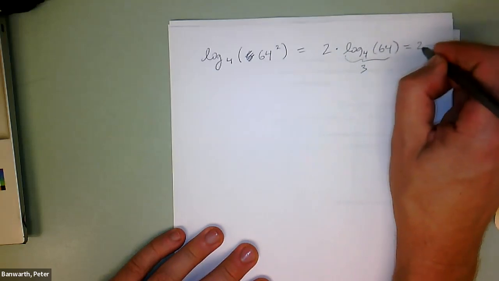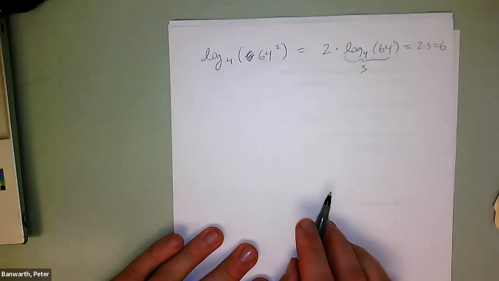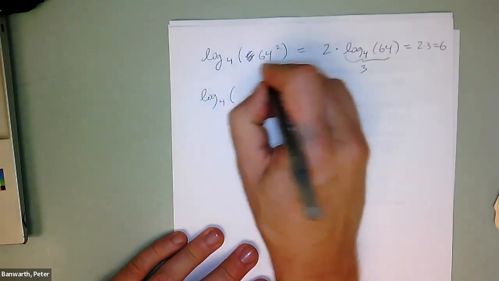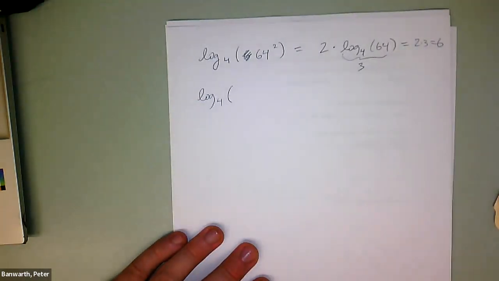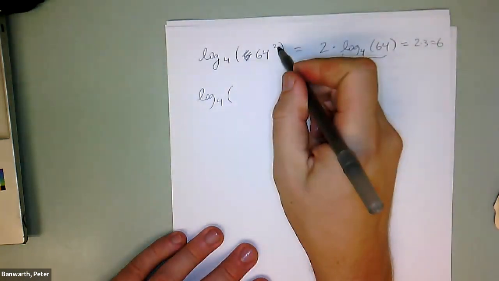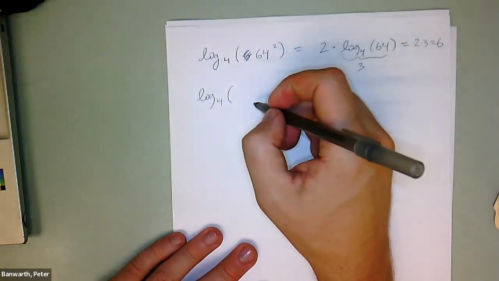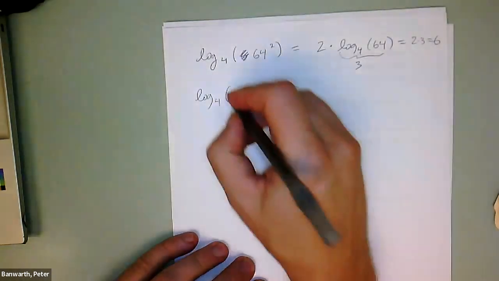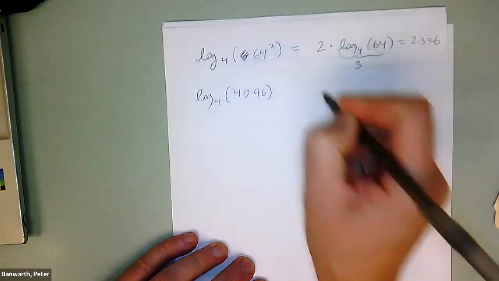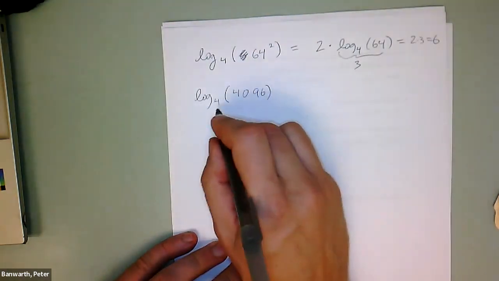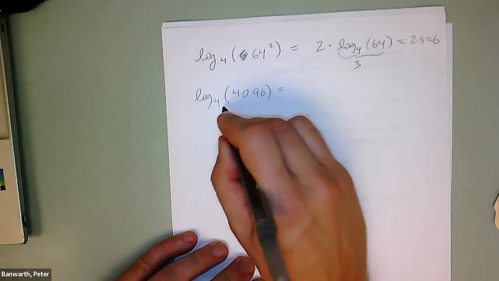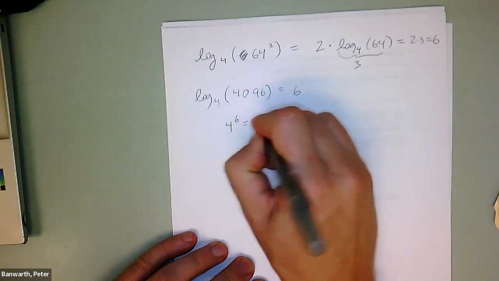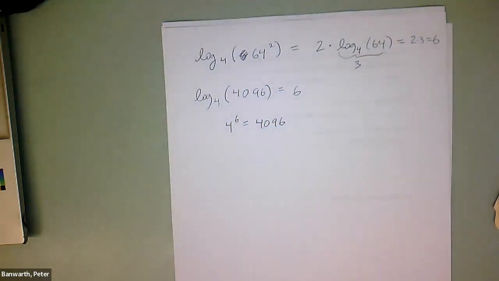So 2 times 3, or 6. And that makes sense because 64 squared is 4,096. And the power that goes on 4 to get 4,096 is in fact 6. 4 to the 6 equals 4,096.